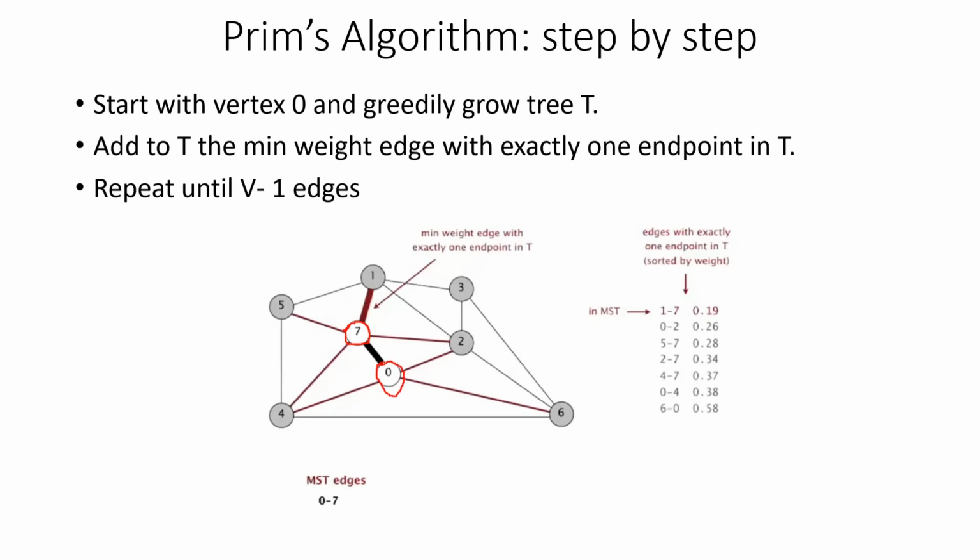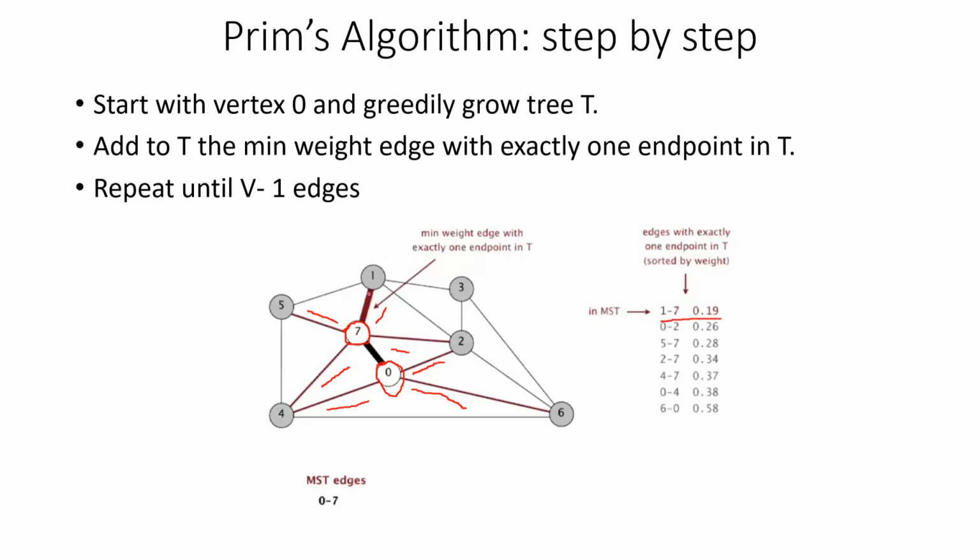For the next step, we consider all the edges connected to 7 and to 0. Among all these edges, we take the edge with the minimum weight, which is between 1 and 7.